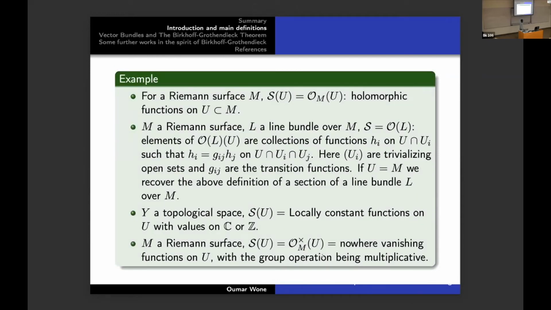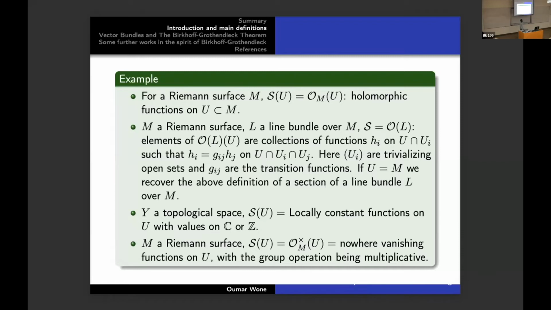Examples of sheaves. If we take a Riemann surface M and we define S(U) as O_M(U), which is the holomorphic functions on U included in M, this is a sheaf. Let us take a Riemann surface, L a line bundle over M, and S defined by O_L, which is called the sheaf of holomorphic sections of L. How does one define O_L(U)?